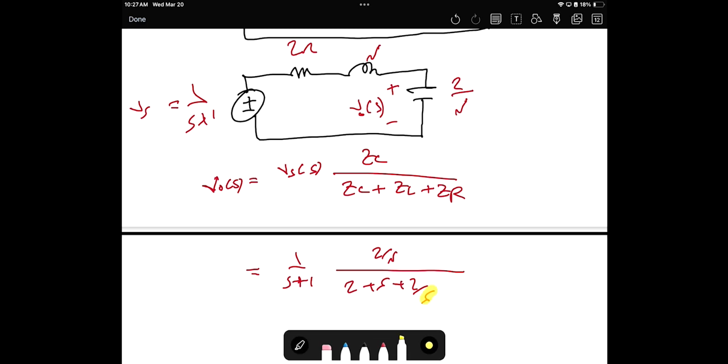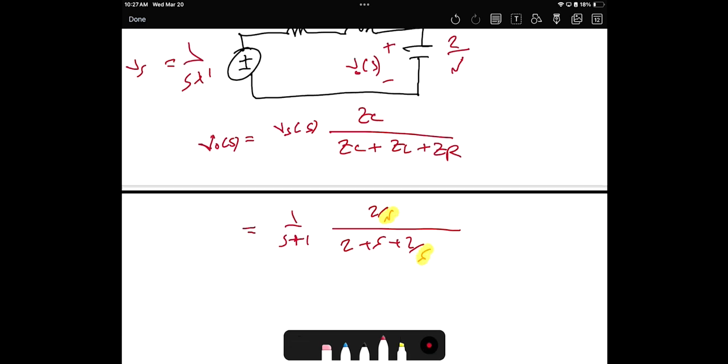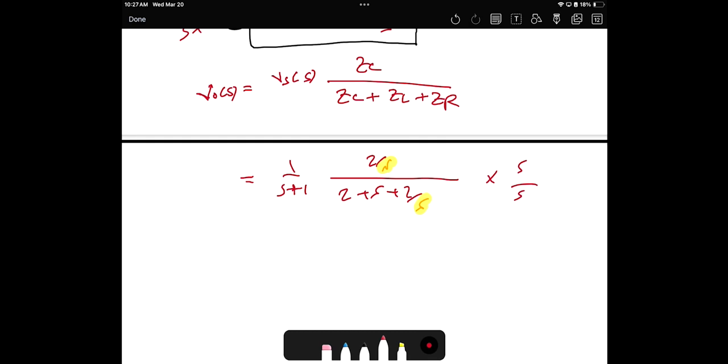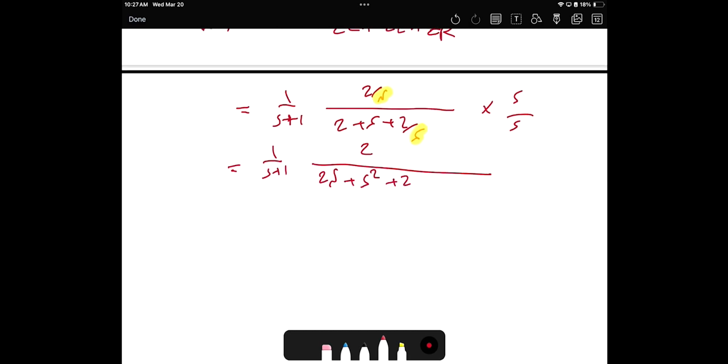So we have s here. Let's multiply both the numerator and denominator by s. So this becomes 1 over s plus 1 times 2 over 2s plus s squared plus 2.